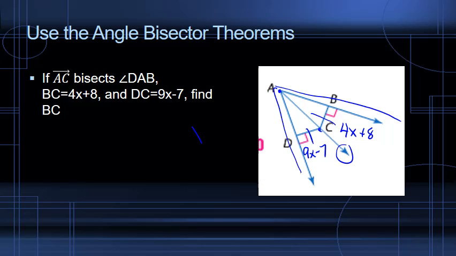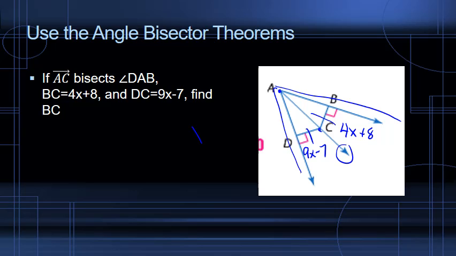Now, once again, according to both the angle bisector theorem and the converse of the angle bisector theorem, if a point is on the interior of an angle on an angle bisector, then it is going to be equidistant from the sides.